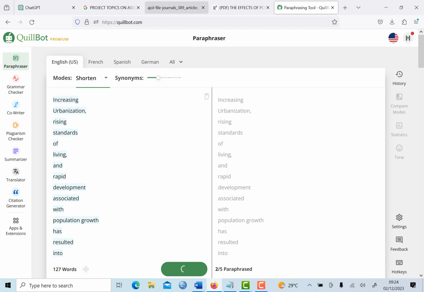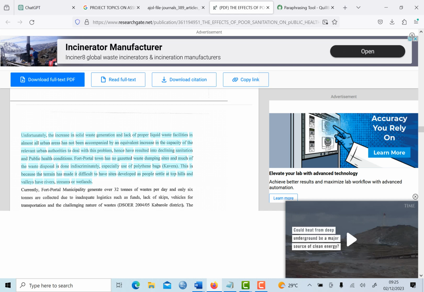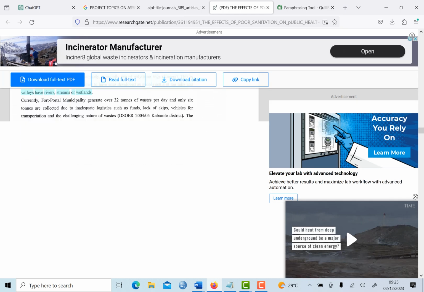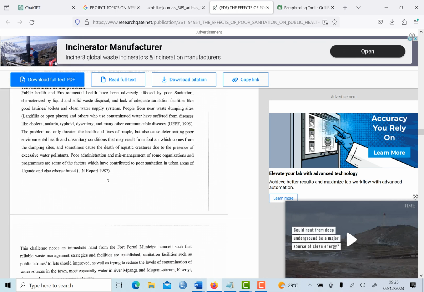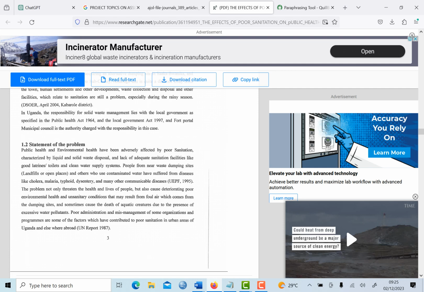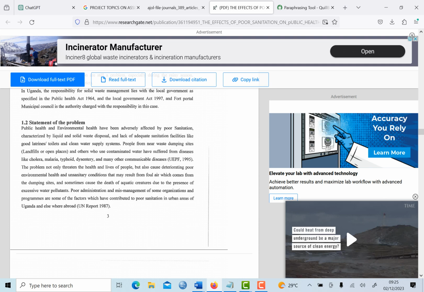As you can see, while we're presenting, let's go back to our article and check some reviews. The statement of problem is very interesting. Okay, this is the statement of problem: the public health and environmental health have been adversely affected by poor sanitation.